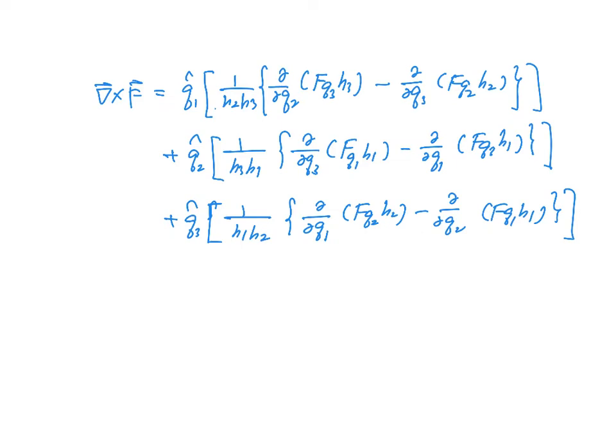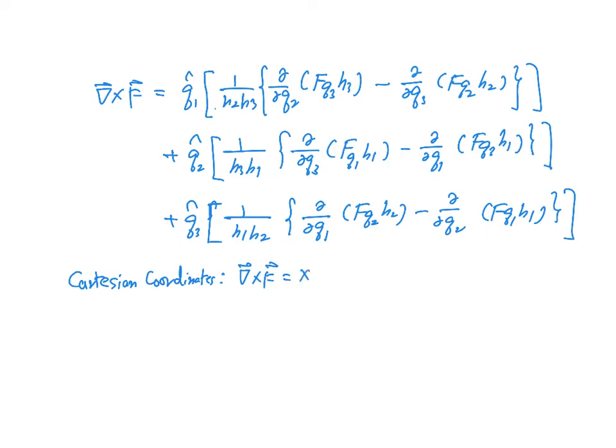So for Cartesian coordinate, you are interested in the explicit formula for 3 different coordinates, right? So Cartesian coordinate, curl F, H2, H3 are 1, right?